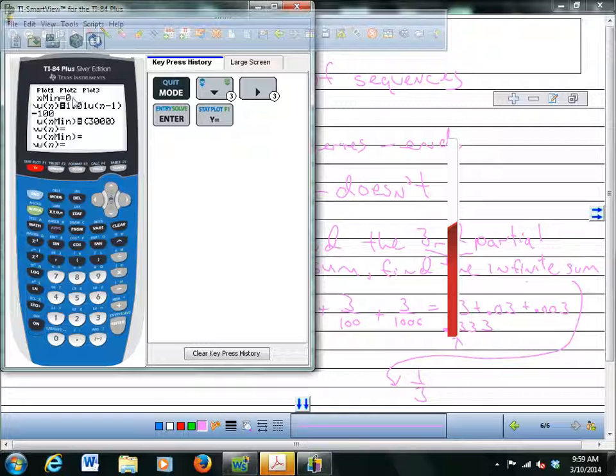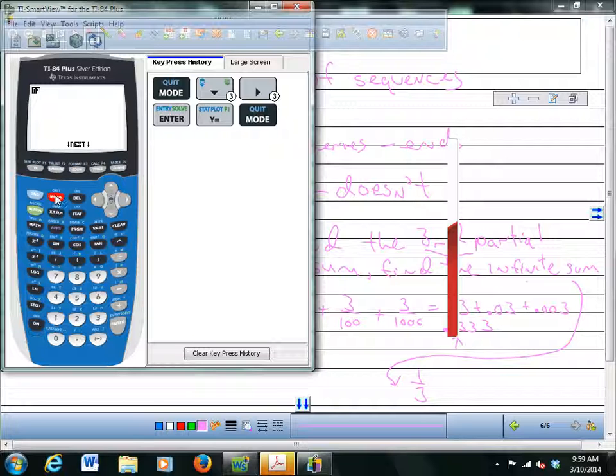This is your first term. This is what you're doing to that first term to get the next term. So this says take the first term, multiply it by 1.01, and then subtract 100. This is like an amortization formula that I did last year, I think. And this says start at term 0, and this is the initial value. But we're not going to use this.